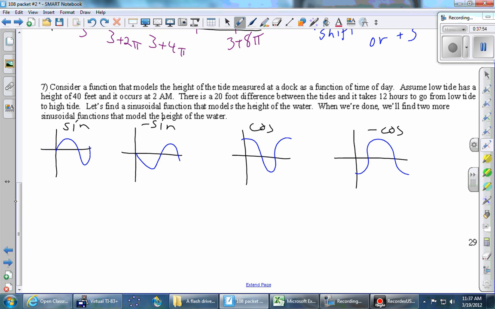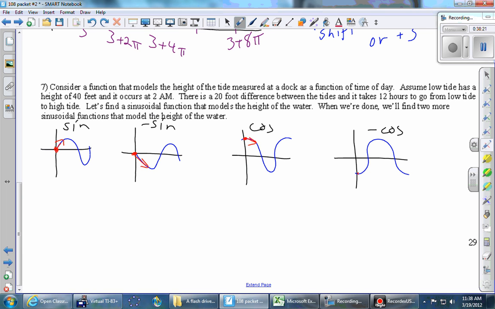If you have a graph that starts in the middle and it's on its way up, then it is most naturally a sine graph. If, however, it starts in the middle and it's on its way down, it is naturally a negative sine graph, just flipped over. So that's 2 possibilities. Or you could start at the top. If you start at the top, there's no choice but to go down, and you are a cosine.